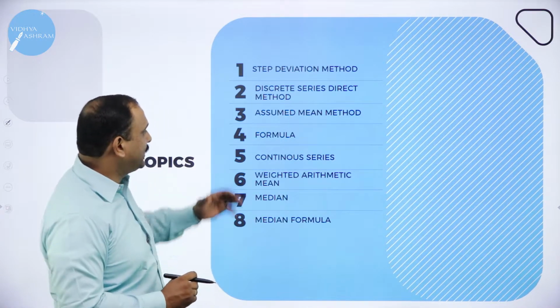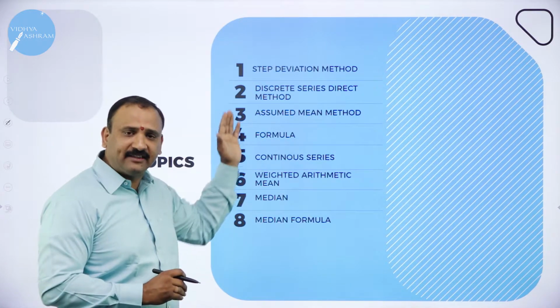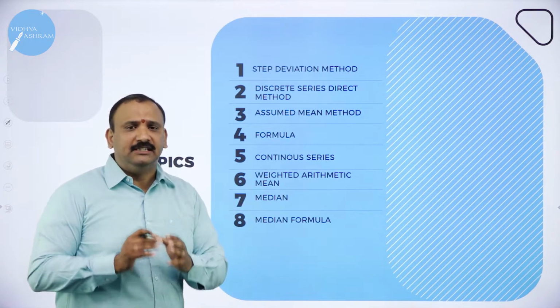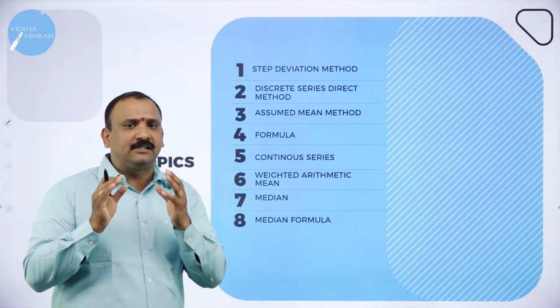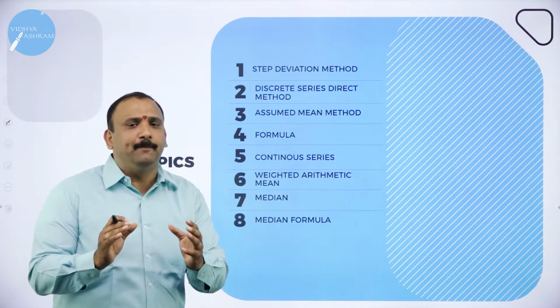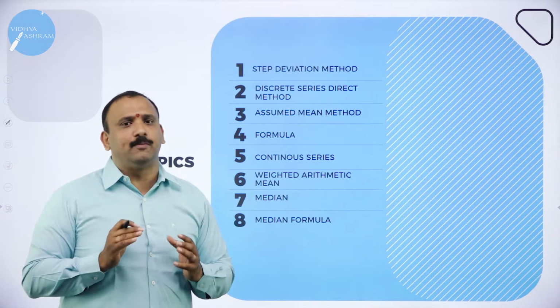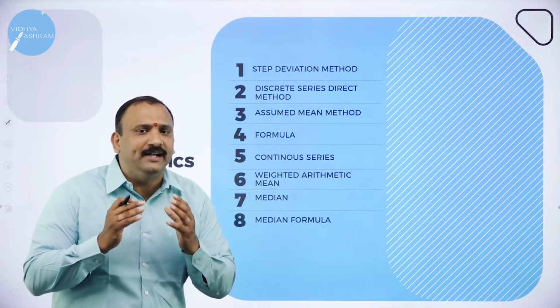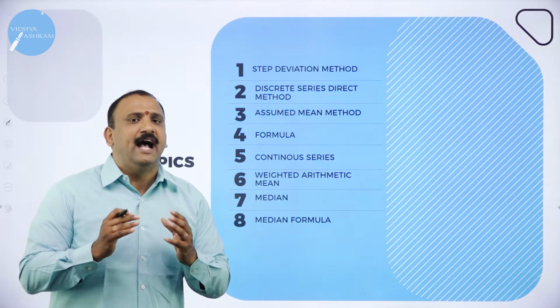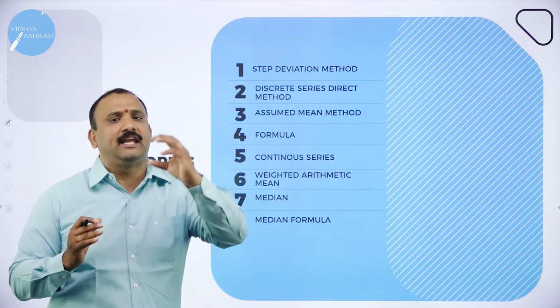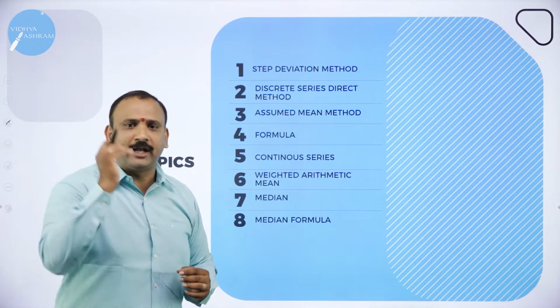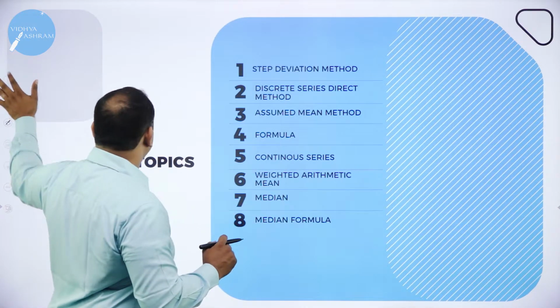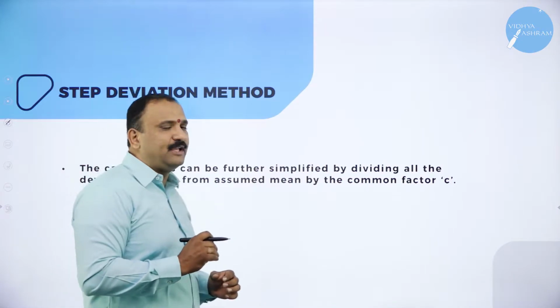Now, if you have a quite close look at the topics, at the levels that are being given here, these are all quite connected topics in statistics. Very important, will help you to score marks and will also help you to understand the concept better as in statistical application in economics. So quickly moving forward, we have the step deviation method.